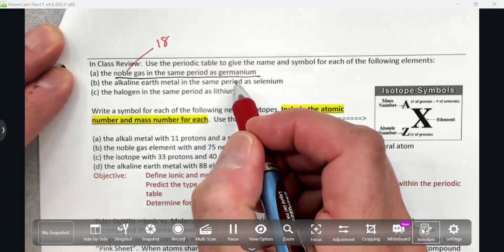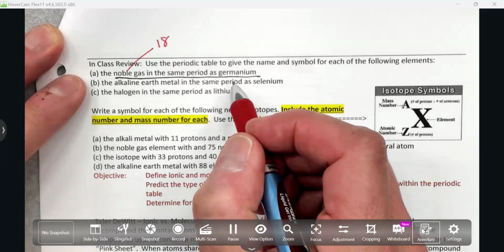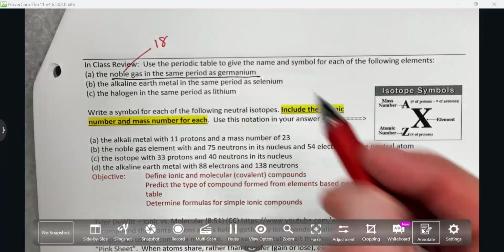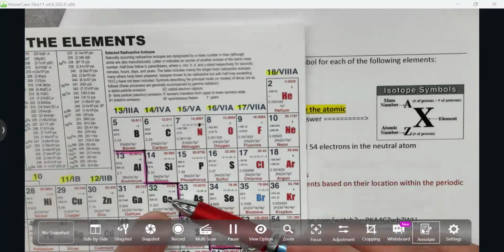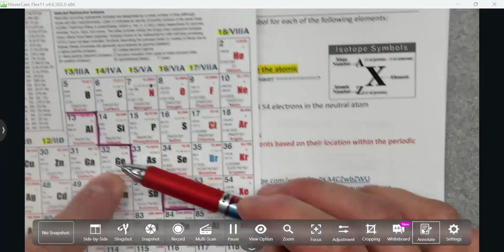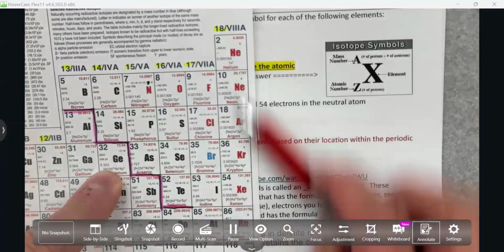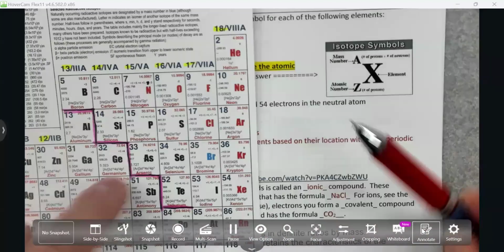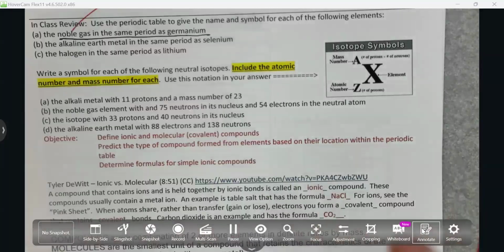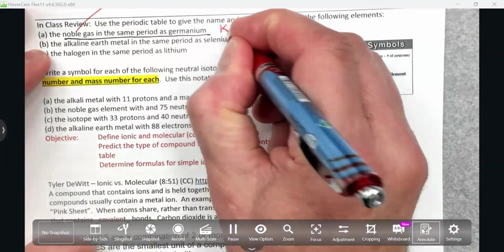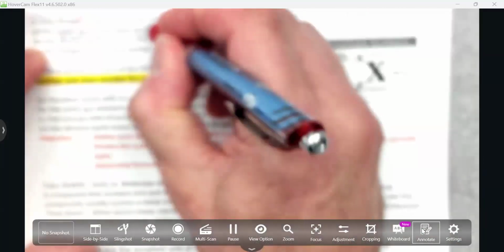And germanium is in what period? So the noble gas in 18, germanium's right here. Same row, we're going to end up right here, krypton, yes? And the period was 4.